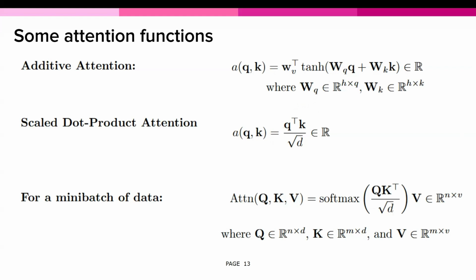Yeah, to keep the resulting scores from becoming too large, since the dot products can grow with dimensionality, we scale the result by dividing it by the square root of the dimensions of the queries and keys to keep these attention scores stable.